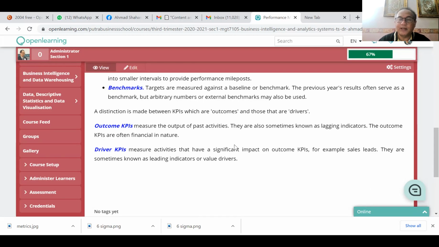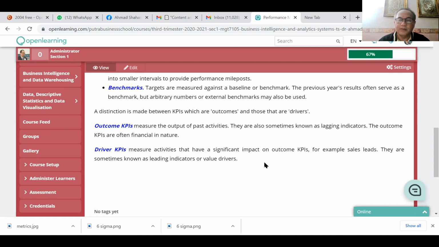For example, we have revenue or target profit. Target profit is an outcome KPI, but the driver KPI is sales, for example sales leads. Normally the outcome KPI is financial, but the driver KPIs are more towards the value that drives the outcome KPI.